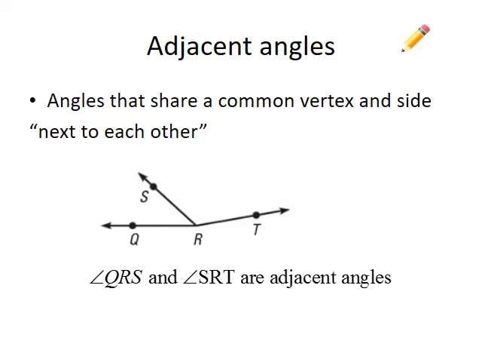So just as this statement says right here, angle QRS is adjacent to angle SRT because these two angles share a common ray, ray RS, or they share the vertex R and the side, which is this ray, ray RS. So these two angles would be considered adjacent, this QRS angle and this SRT.